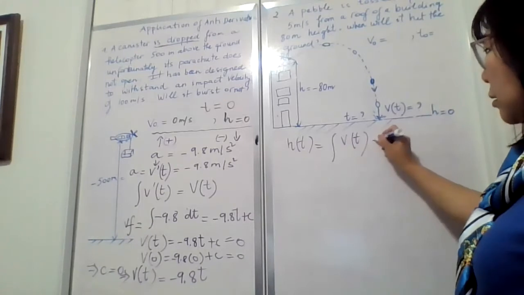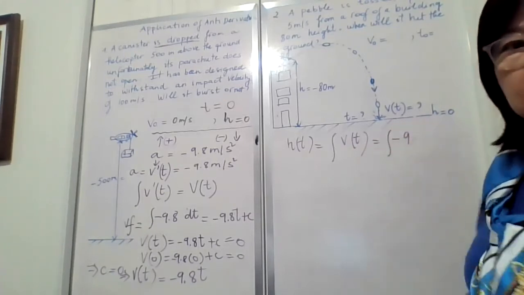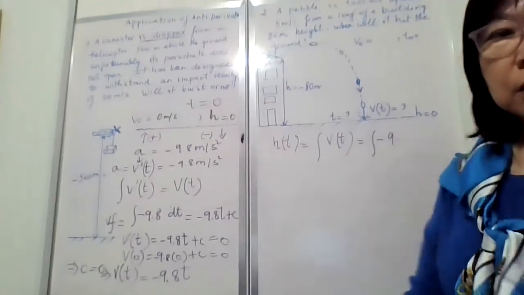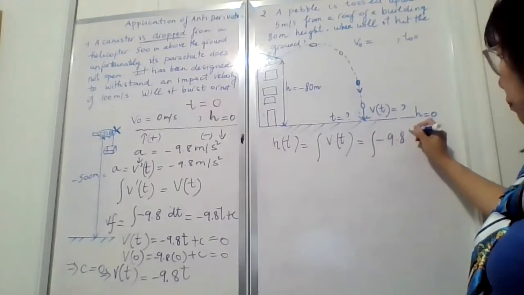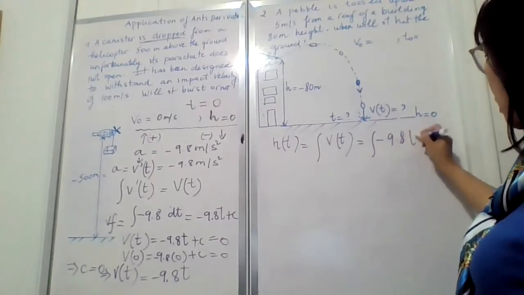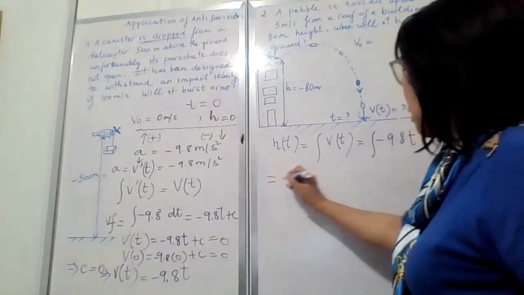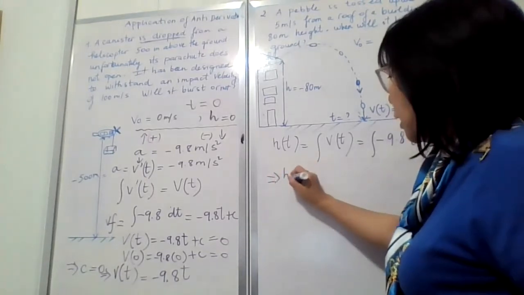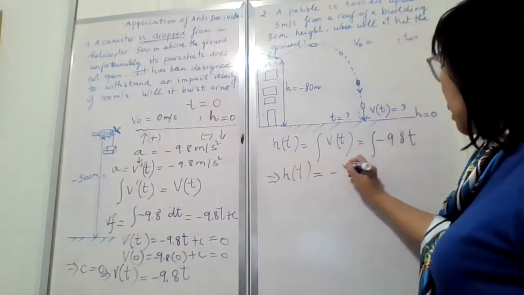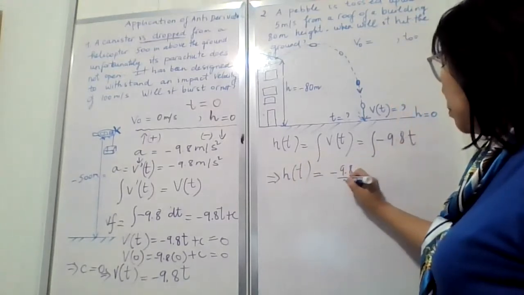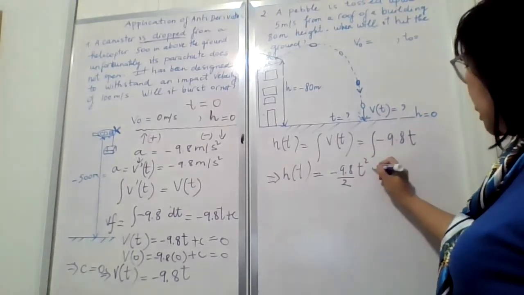And that equals the integration of minus 9.8, the integration of minus 9.8 t, right? Therefore the height of t will be equal to minus 9.8 divided by 2 t squared plus c.